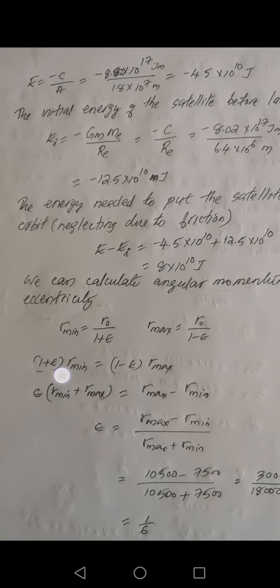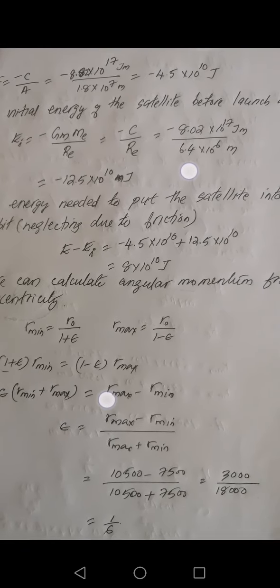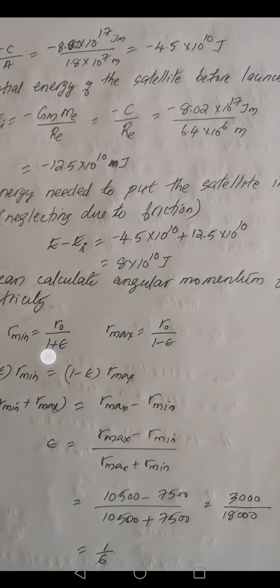So what is the energy needed to put the satellite into its orbit? Here we are neglecting all the frictions. So E final minus E initial. E final we already got as minus 4.5 into 10 raised to 10, and Ei is minus 12.5.